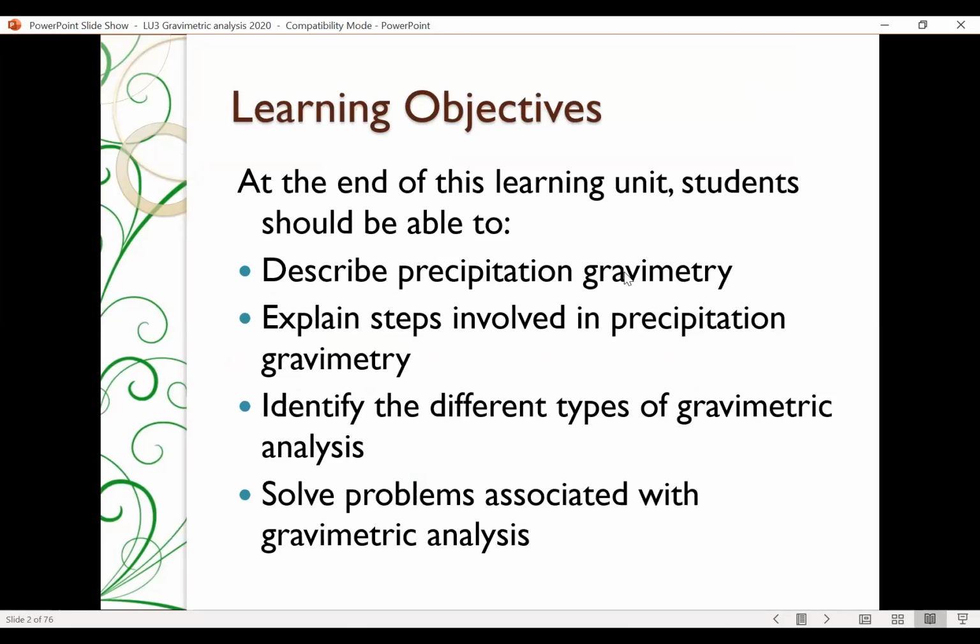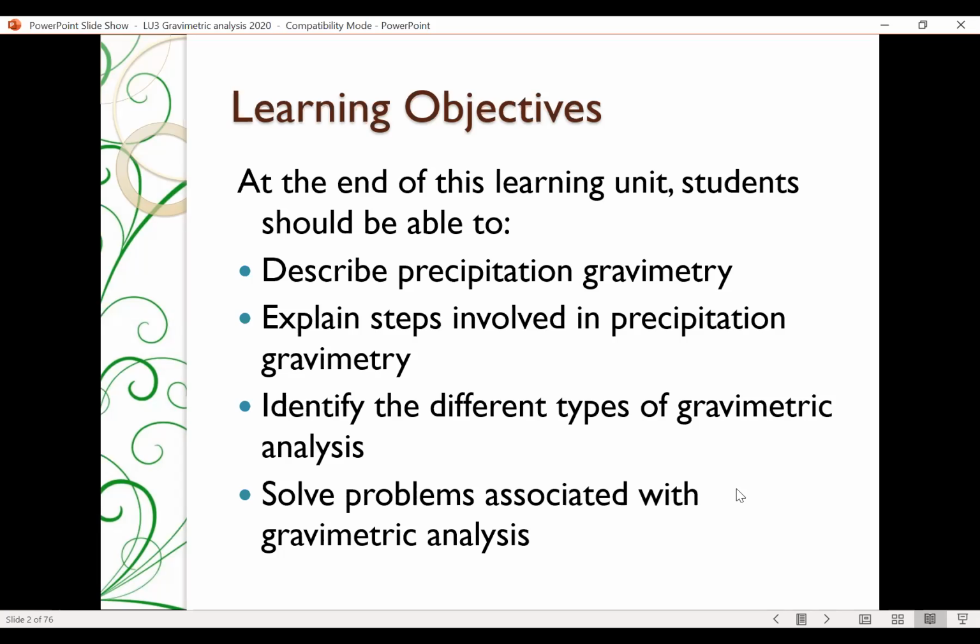At the end of this unit, you should be able to describe precipitation gravimetry, explain the steps involved in precipitation gravimetry, identify the different types of gravimetric analysis, and solve problems associated with gravimetric analysis.